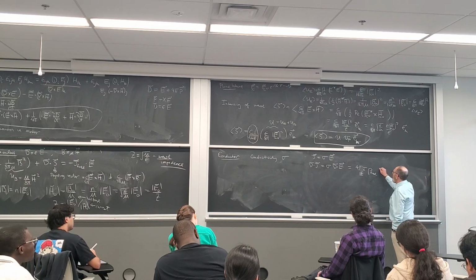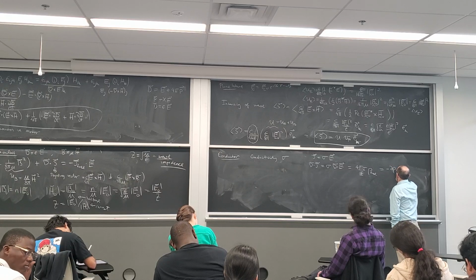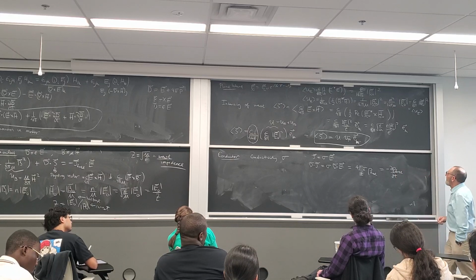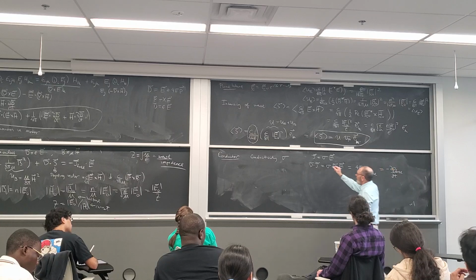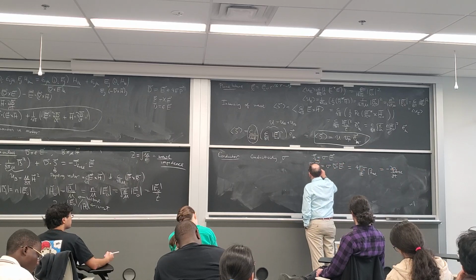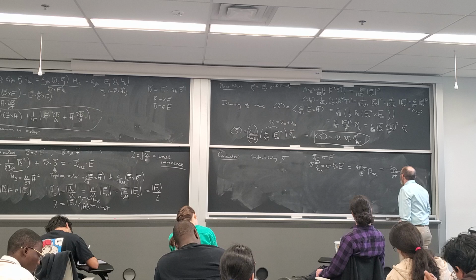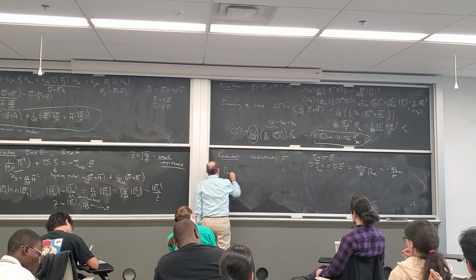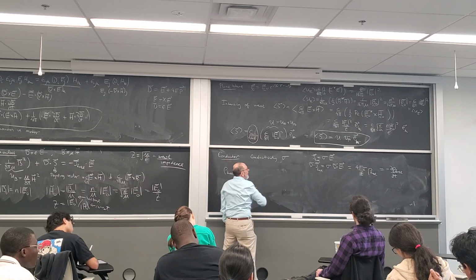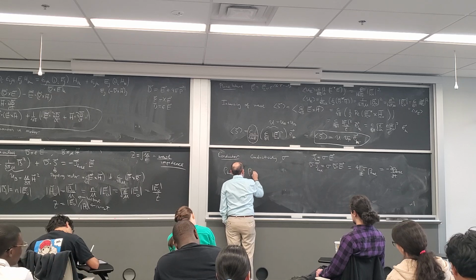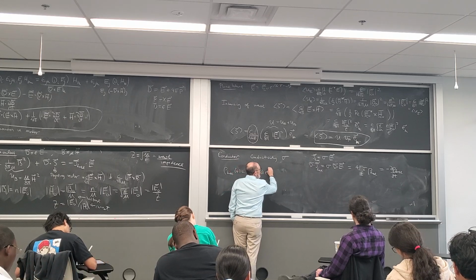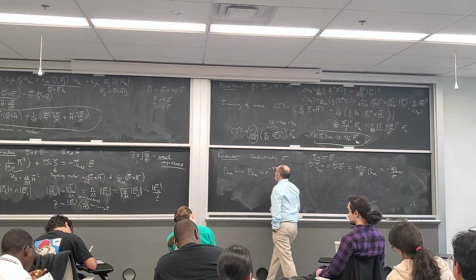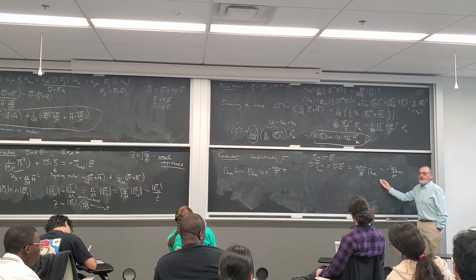But del dot J is equal to minus d rho free dt by the continuity equation. This is my free current in the conductor. So we have an interesting equation here which says that inside the conductor, the free charge density as a function of time is equal to whatever it was at the initial time, e to the minus, solving this differential equation.